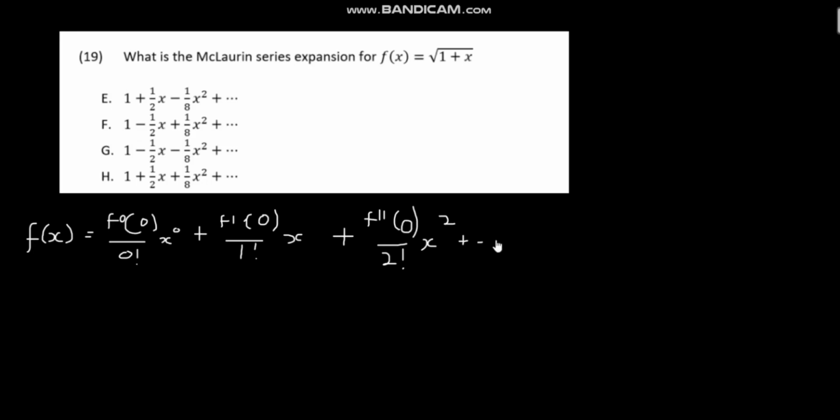Then this continues to the nth derivative of the function at 0 over n factorial multiplied by x to the power of n. So this is the general formula here.